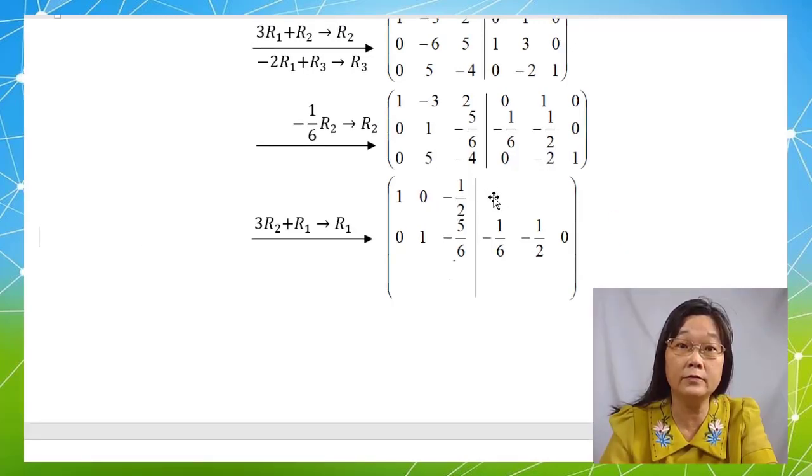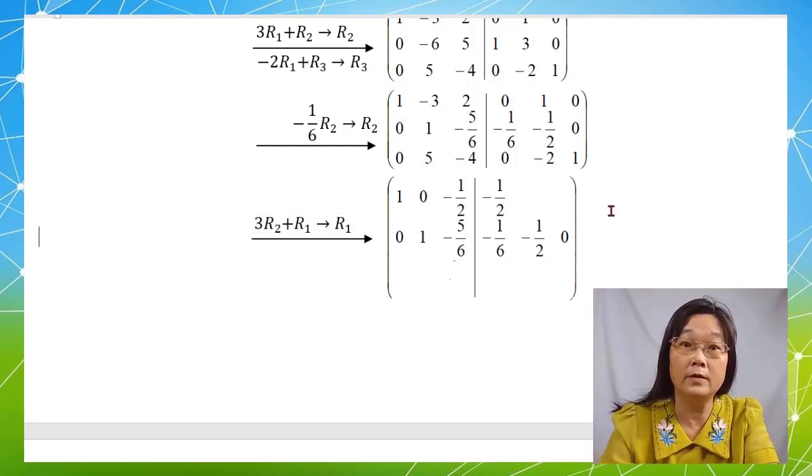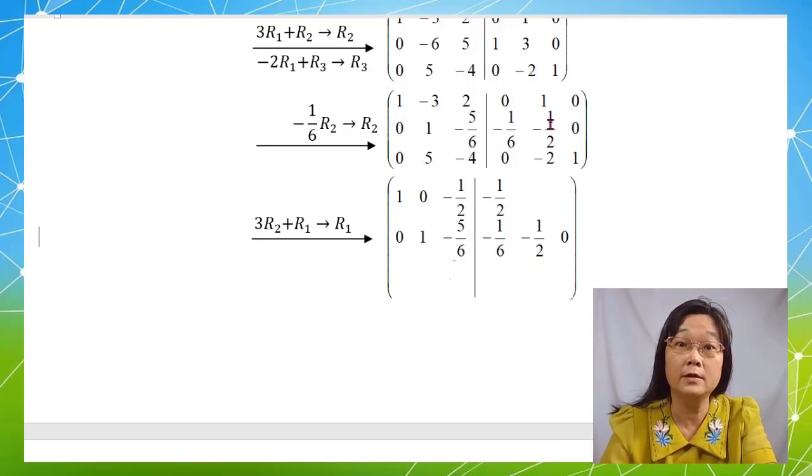Now we come to the fourth number in row 2. Fourth number in row 2 is negative 1 over 6 times 3. It is negative 1 over 2. Add to 0. So we get negative 1 over 2. Then number 5, that is negative 1 over 2 in row 2 times 3.